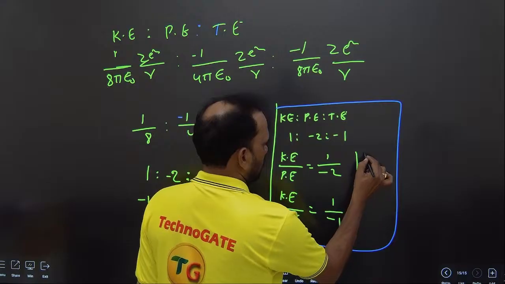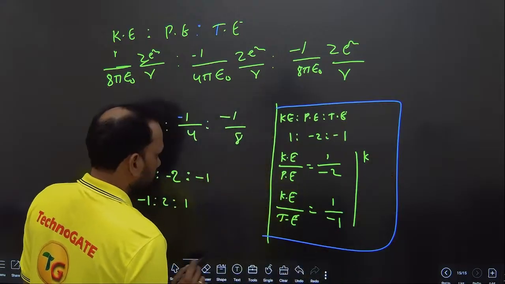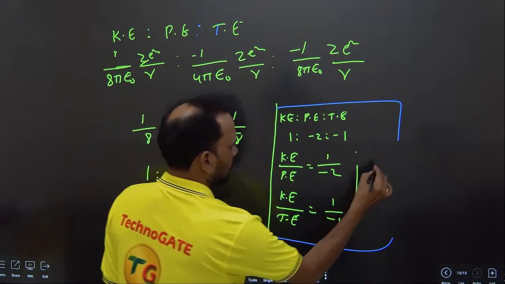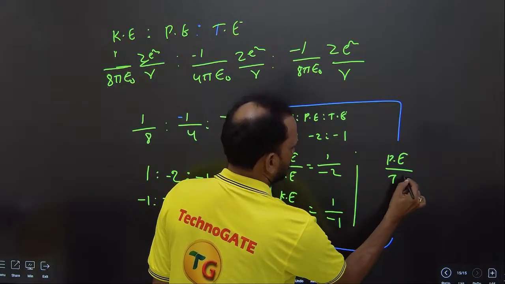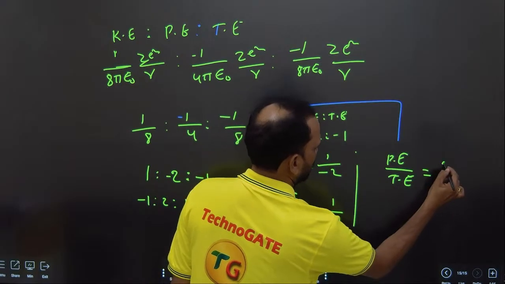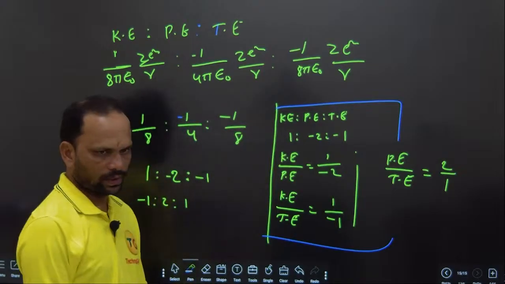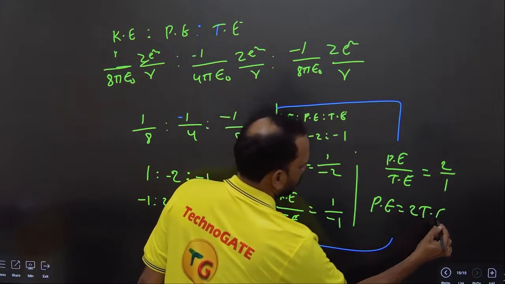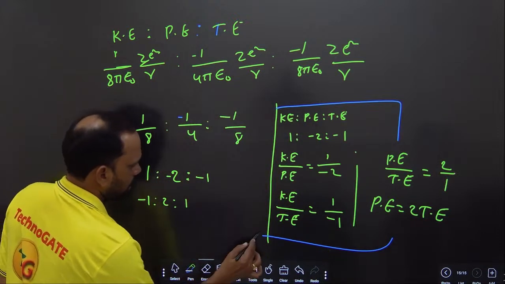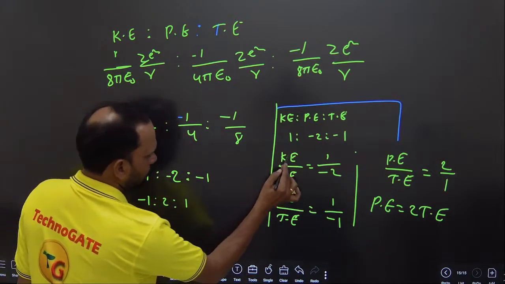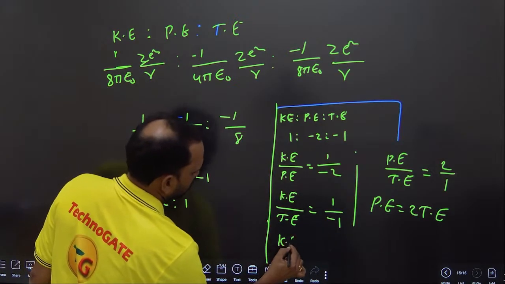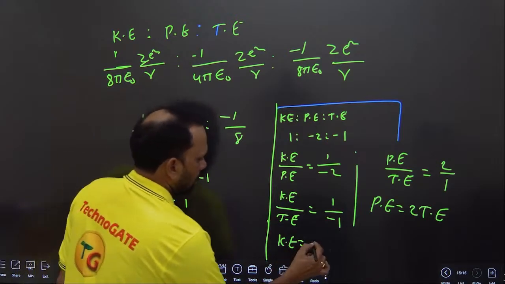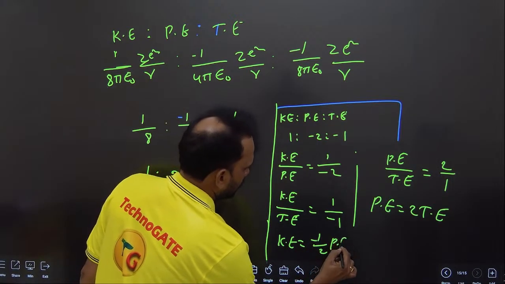The ratio of potential energy to total energy is 2 is to 1. So our potential energy is equal to 2 times the total energy. Kinetic energy is equal to minus 1 by 2 into potential energy.